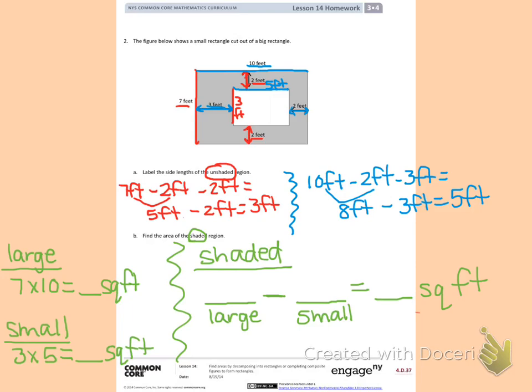And let's answer in a sentence as well. The area of the shaded region is blank square feet. Okay, you finish it up on your own.